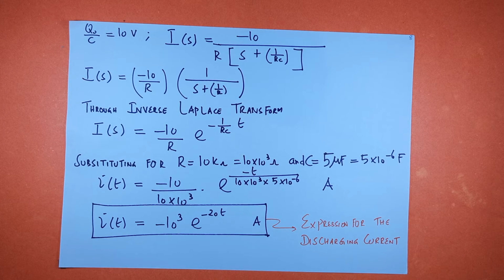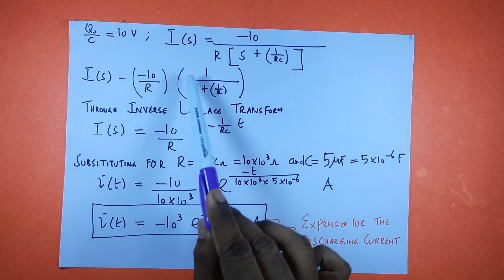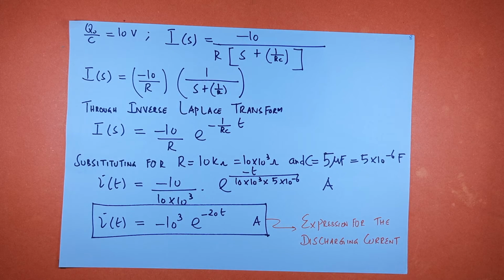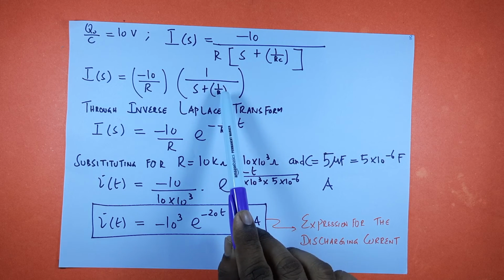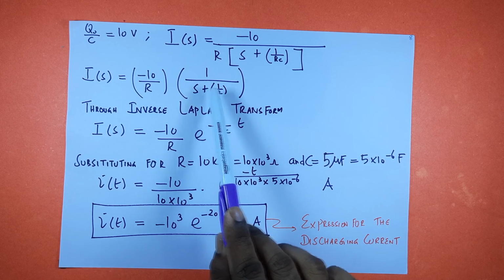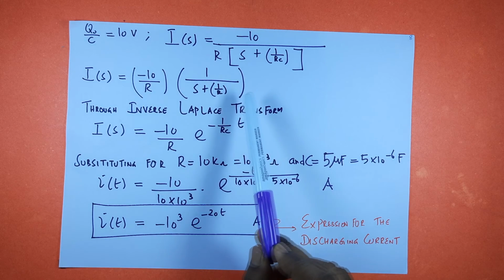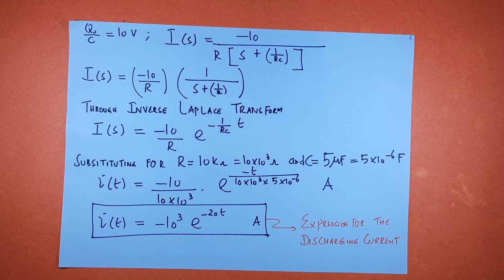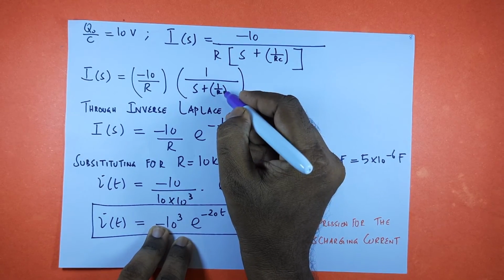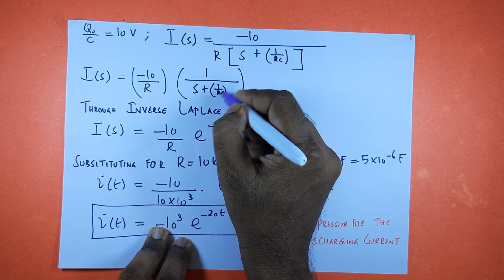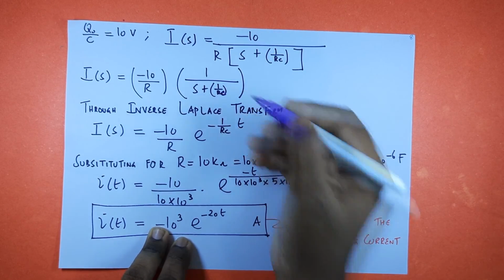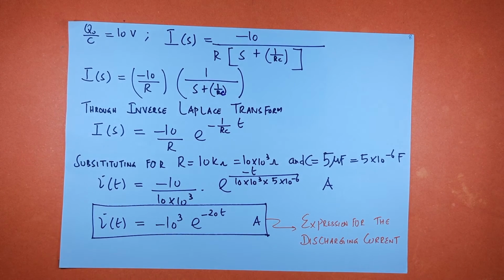I of S equal to minus 10 divided by R multiplied by 1 divided by S plus 1 by RC. Okay.